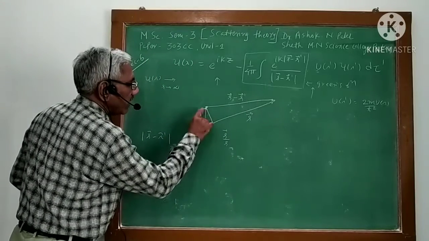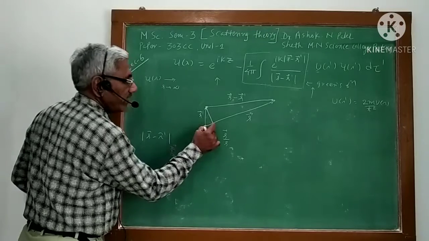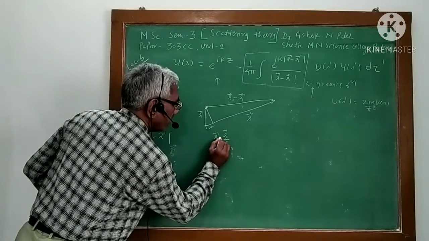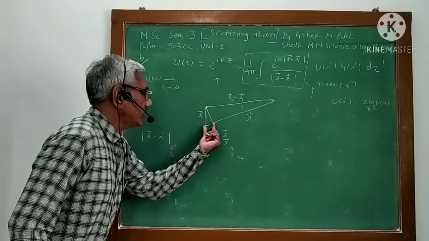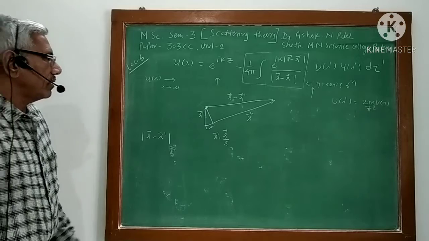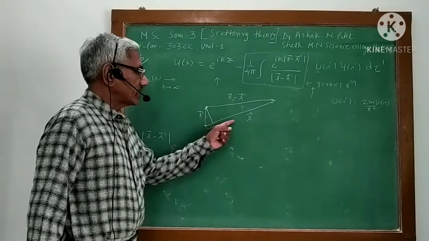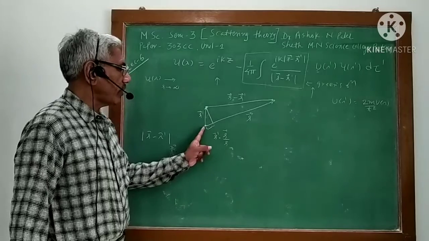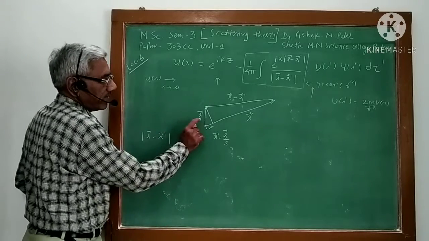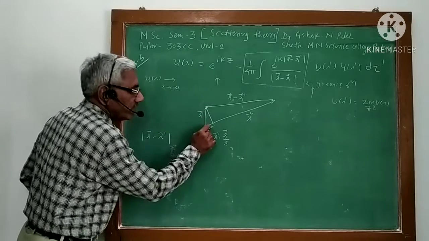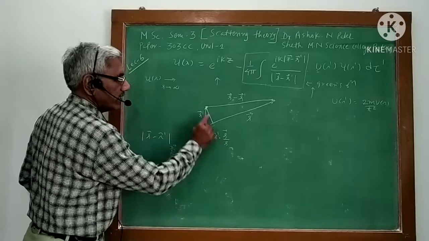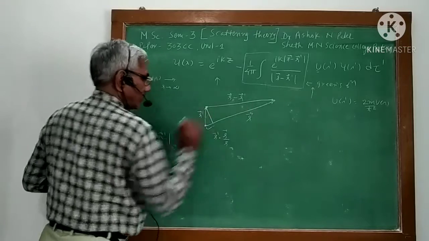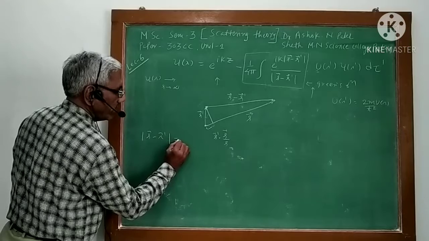So when I multiply r dash with this unit vector, making the dot product, that will give me this component, this distance.